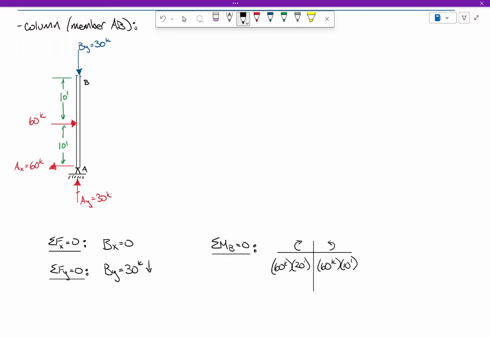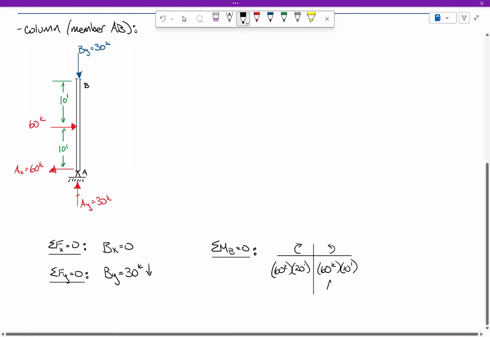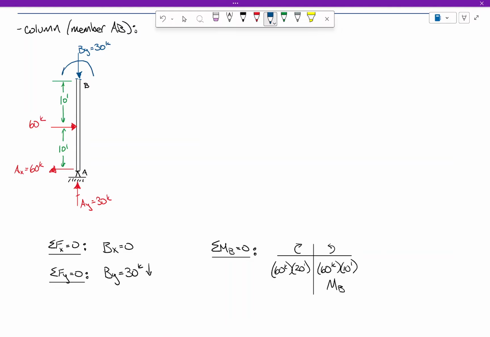I need a little bit more over here, don't I? I need some internal moment right here. So I need something like that. It's almost like it's a cantilever, right? And there's some internal concentrated moment right there that I need to contain, okay?